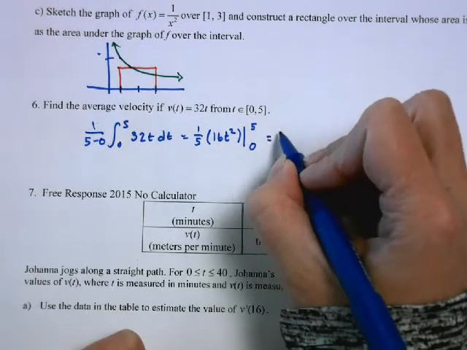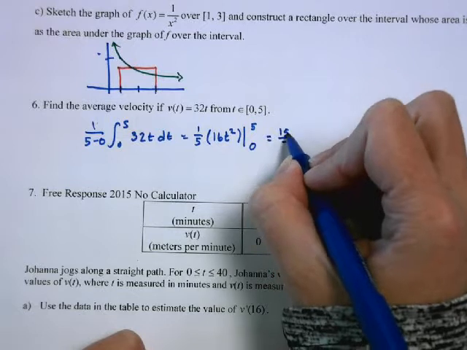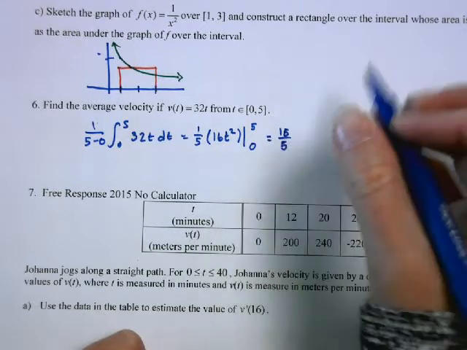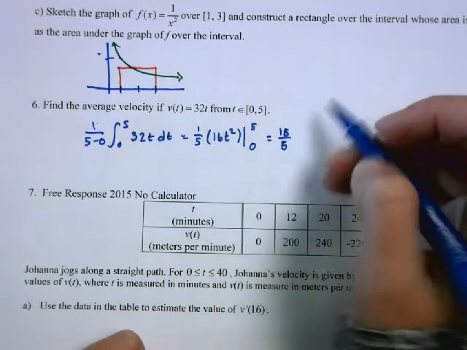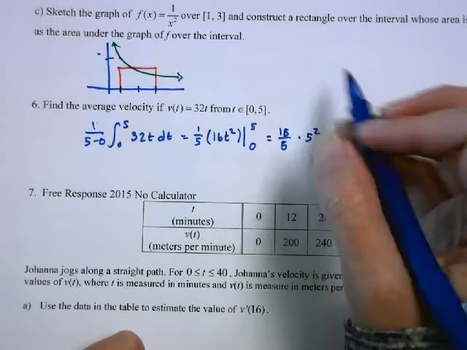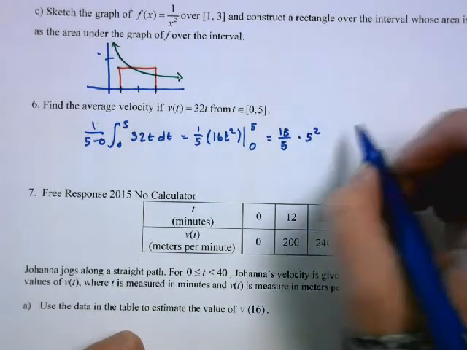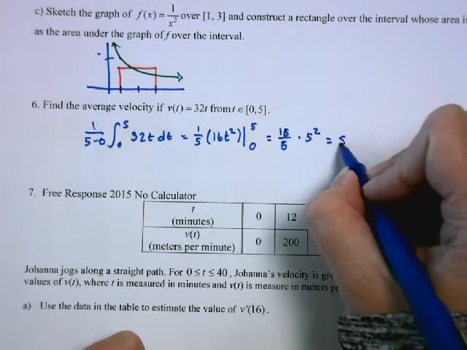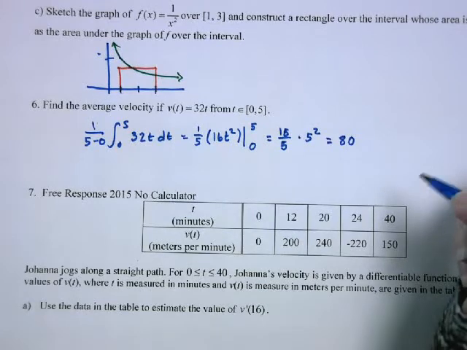So this will be 16/5. I'll pull the 16 out, times 5 squared, which would be 25, minus 0 squared, so that's just going to be 0. This is going to give me 80.